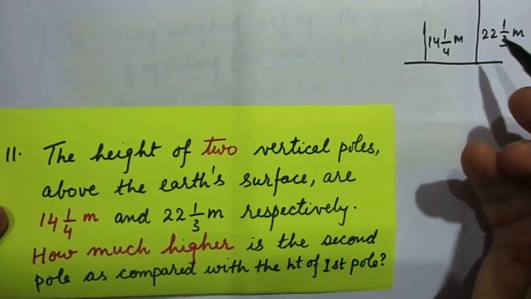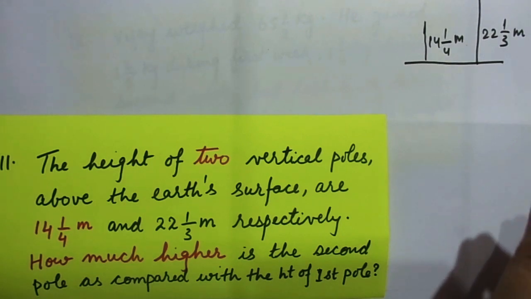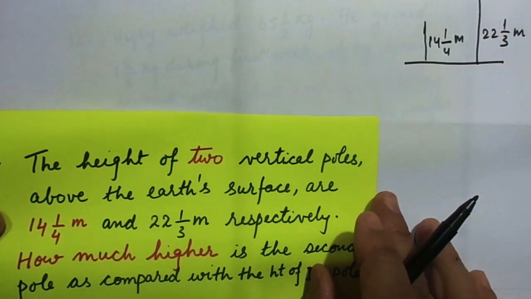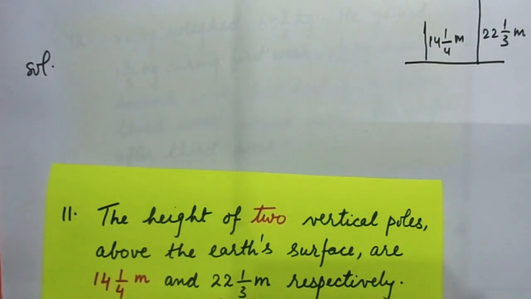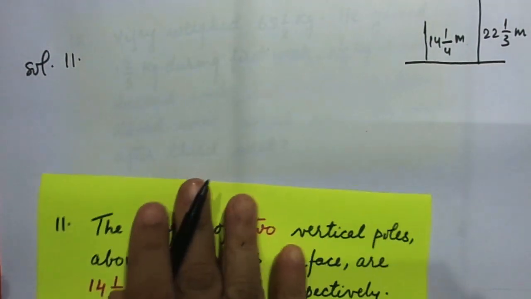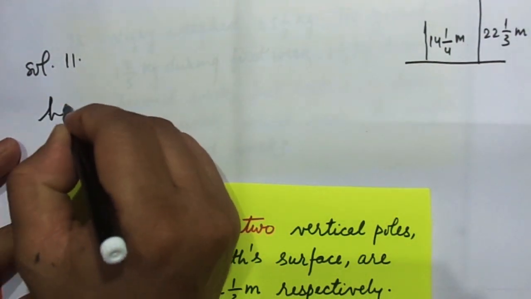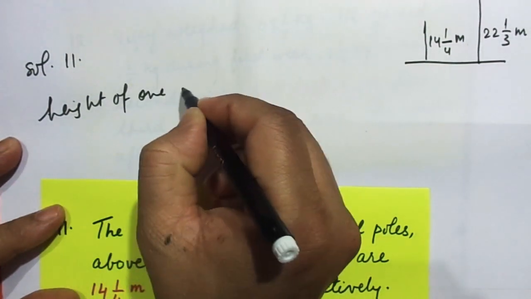I know that by now you have got the answer and you are going to subtract the smaller one from the bigger one. Still, the presentation matters. Solution of question number 11. So what are we going to write?